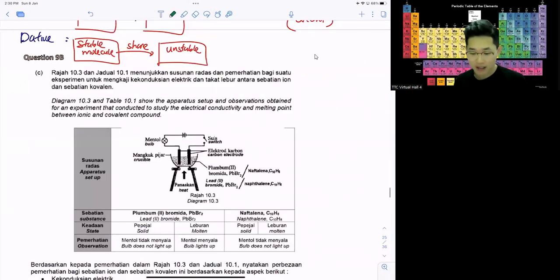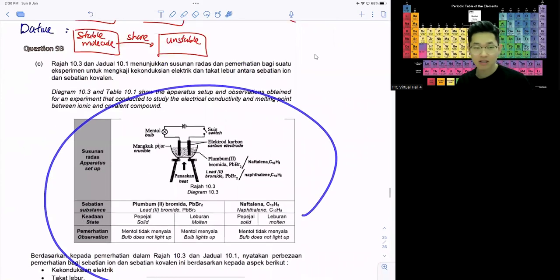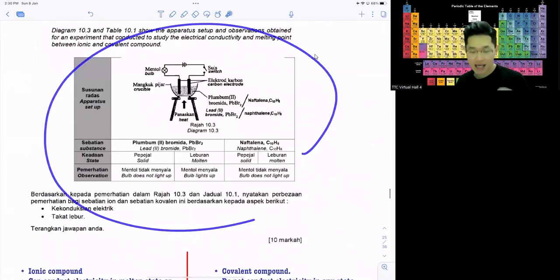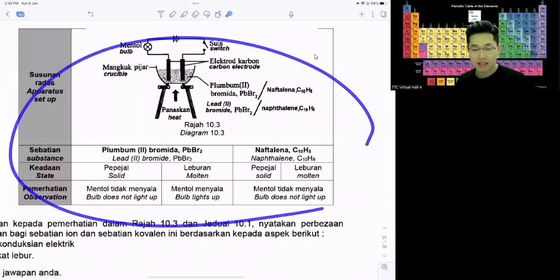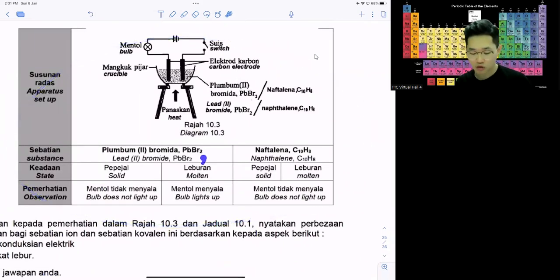And then this one, very important. When they show you an experiment, something like this, lead 2 bromide, okay, it is solid. When it is in solid, bulb does not light up. Bulb no lights up means cannot conduct electricity. Bulb lights up, can conduct electricity.